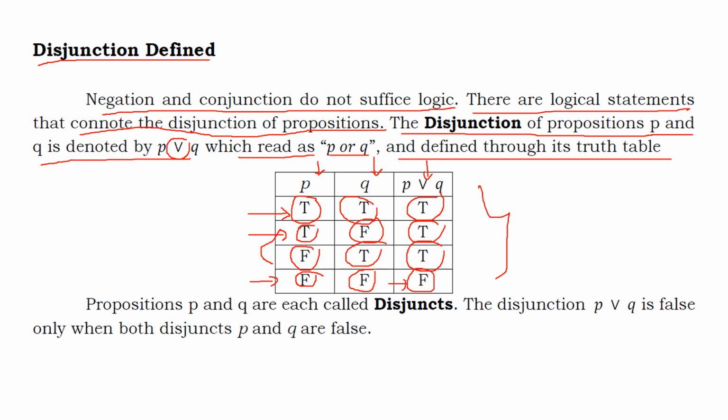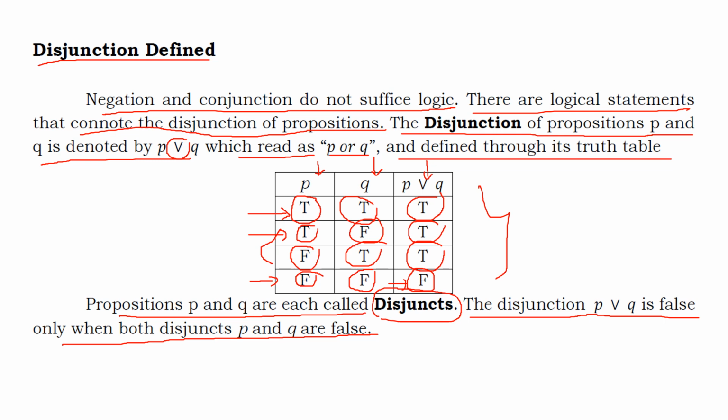So that's how we define your disjunction. Now, your propositions P and Q are each called disjuncts. So please do take note that they are called disjuncts. The disjunction P or Q is false only when both disjuncts P and Q are false. If both truth values of the P and Q propositions are false, then the truth value of your disjunction of propositions P and Q is also false.